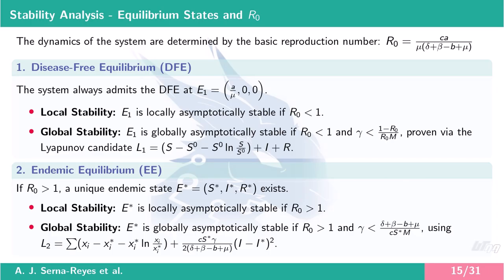This equilibrium is both locally and globally asymptotically stable, meaning the infection eventually disappears. When R0 is greater than 1, a unique endemic equilibrium state, E star, exists and is globally asymptotically stable under a mild condition on the saturation parameter gamma. In both cases, global stability is established using Lyapunov functions adapted to the fractional setting.